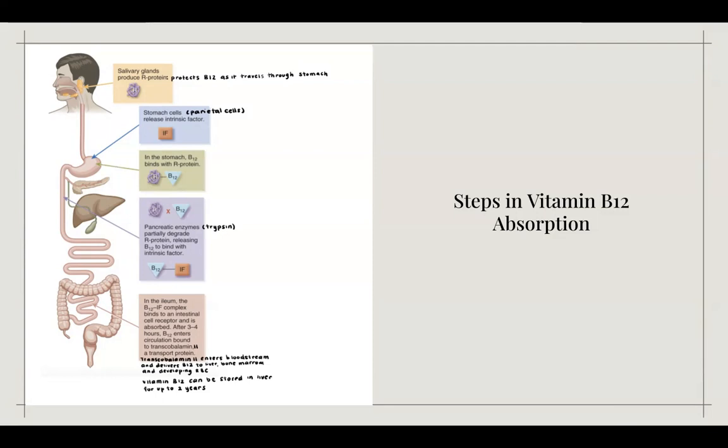After about 3 to 4 hours, B12 enters the circulation bound to transcobalamin 2, a transport protein. Transcobalamin 2 enters the bloodstream and delivers B12 to the liver, bone marrow, and developing red blood cells. Vitamin B12 can be stored in the liver for up to 2 years.